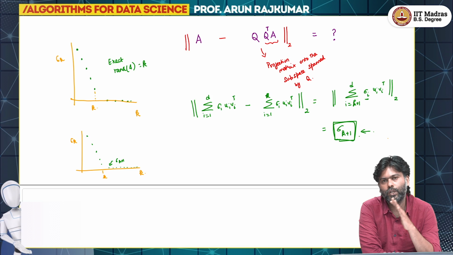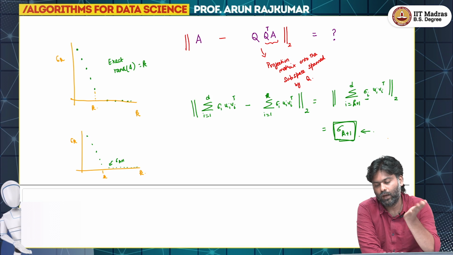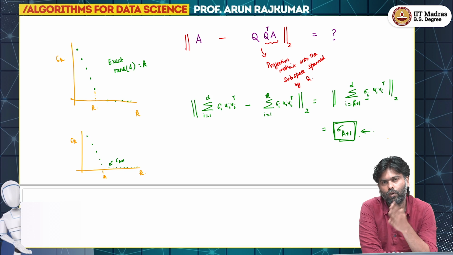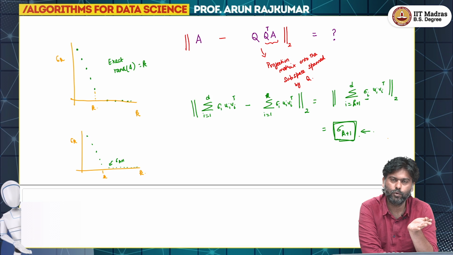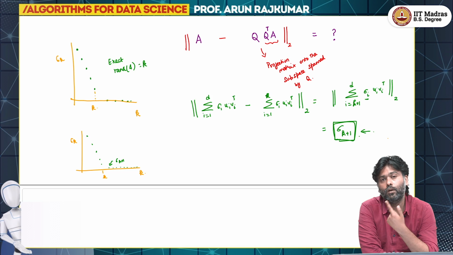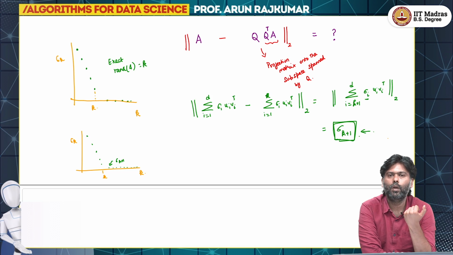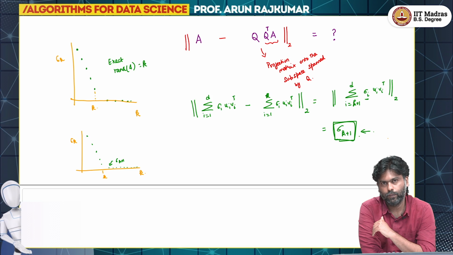Well, I'll first take the dot products of all my columns with u1 to uk, which is to pre-multiply with Q transpose. I'll do Q transpose A, make an m cross d matrix a k cross d matrix, do the SVD for this k cross d matrix, and then pre-multiply by Q to get back the rank k approximation. That is what I would do if I knew u1 to uk.